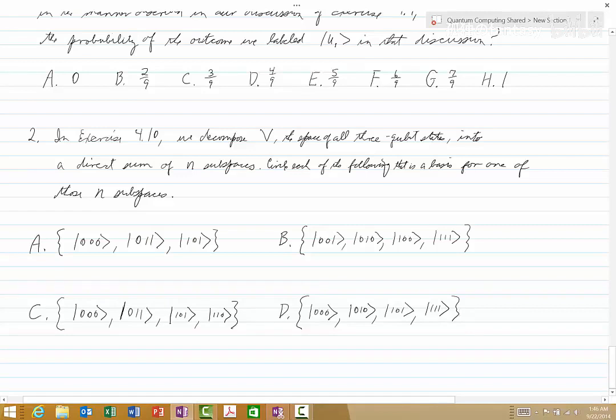But anyway, in exercise 4.10, we decomposed V, the space of all 3 qubit states, into a direct sum of n subspaces. This is just what we've been doing in all the other problems. Circle each of the following that is a basis for one of those n subspaces.